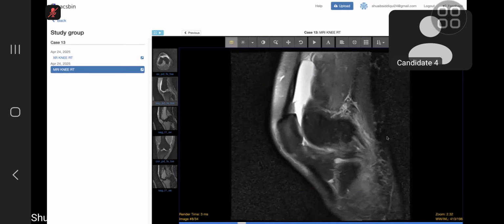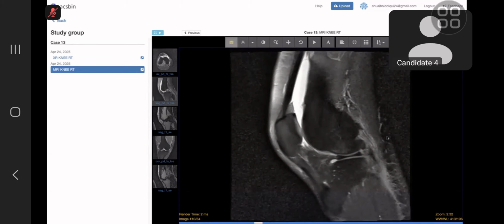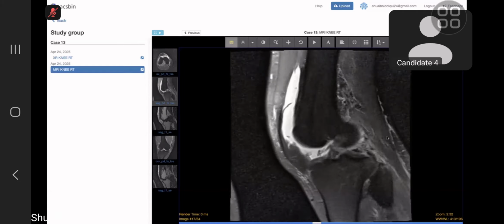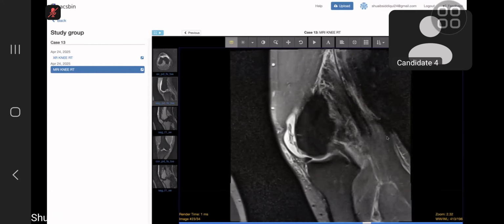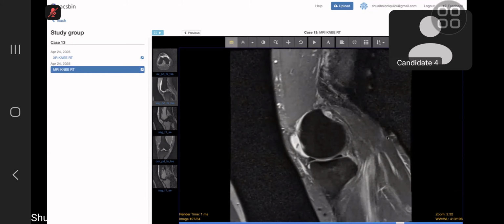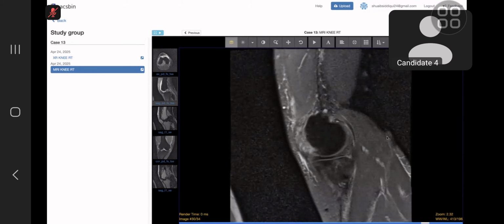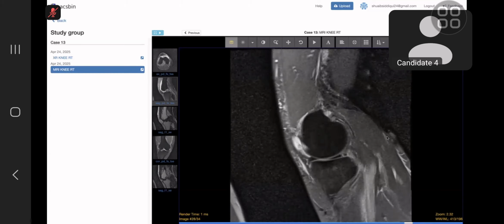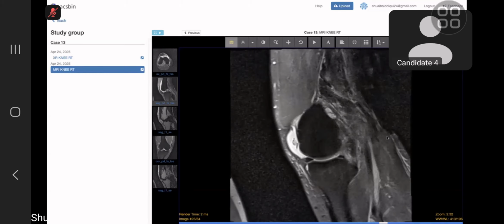Medial meniscal injury is also another associated injury; an ACL tear is more commonly associated with a medial meniscal tear. The lateral meniscus appears grossly normal. There is a doubt of a double PCL sign. Medial meniscus, can you see once more?